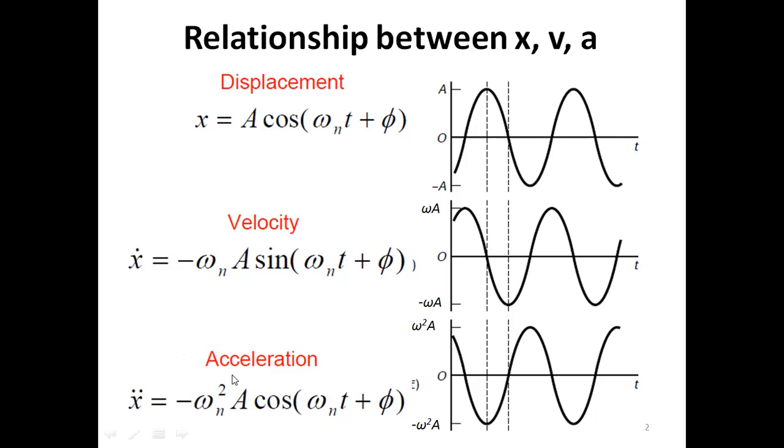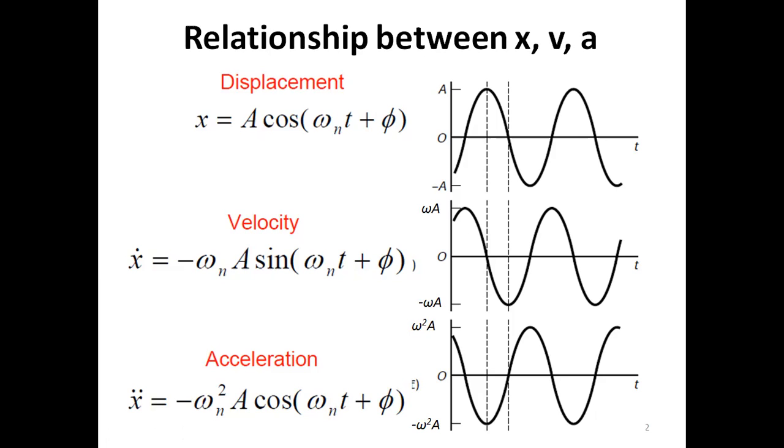And here you see that the coefficient of the cos function is omega n square a, so this is the amplitude of the acceleration. The amplitude of the acceleration is omega n square a. The amplitude of the velocity is omega n a, and a is the amplitude of the displacement.